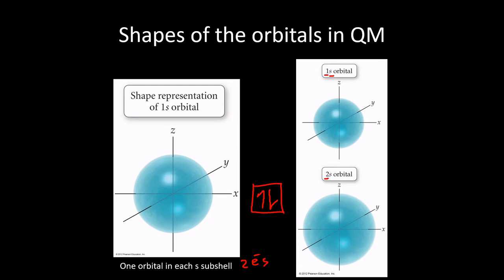So every orbital has 2 electrons in it, or at least has the capability of having 2 electrons. Technically it doesn't have to have 2 in it. If, for example, you have hydrogen, hydrogen only has 1 electron, so it's not possible for it to have 2 in an orbital. So the maximum that an orbital can hold is 2 electrons.